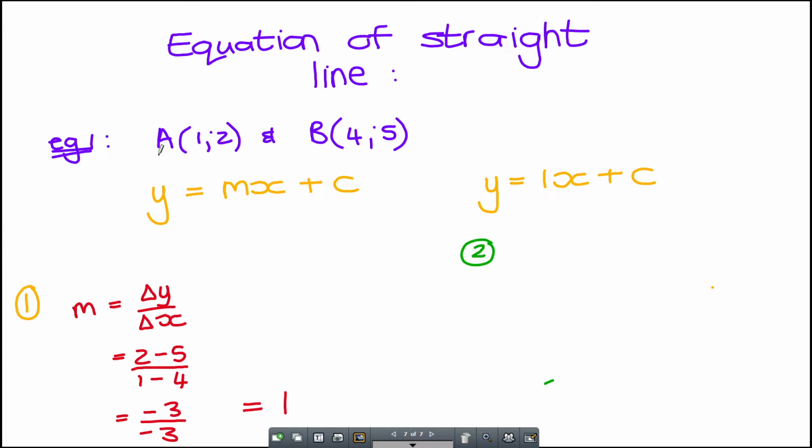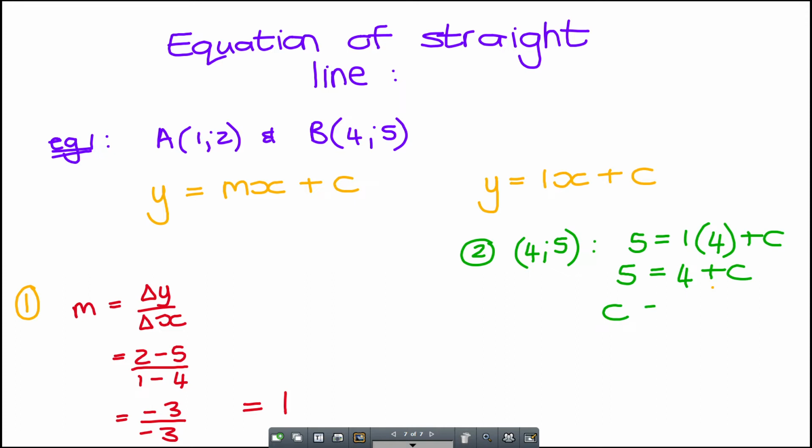Okay, so what I'm going to do here, and maybe you want to add that on your page, I'm going to substitute in the value of B. Okay, so if I substitute in 4 and 5, dan gaan ek in plaas van y, het ek 5 is gelyk aan 1, and in plaas van x, the 4. So that will be 5 is equal to 4 plus c.